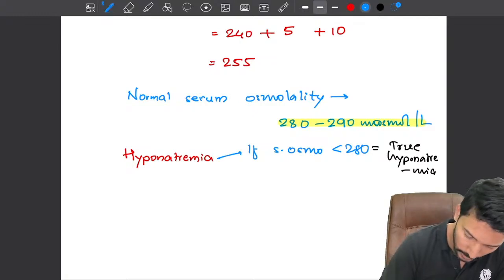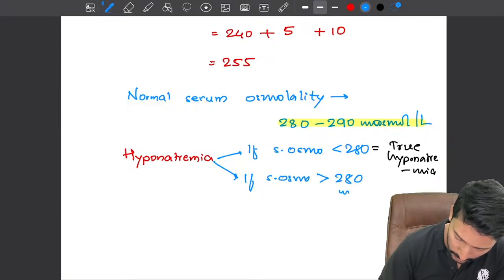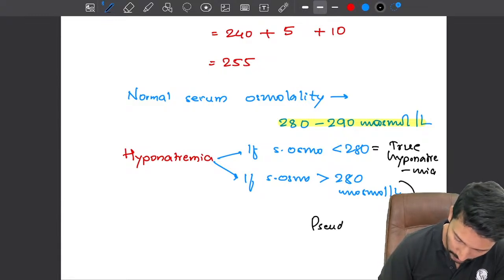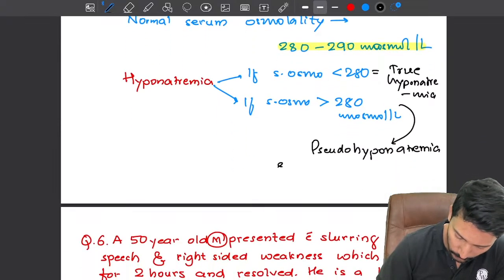And if serum osmolality is more than 280 milliosmoles per liter, that means it's a case of pseudo hyponatremia. They do ask you the examples for pseudo hyponatremia, right? What are the examples? I'll give you a few examples.